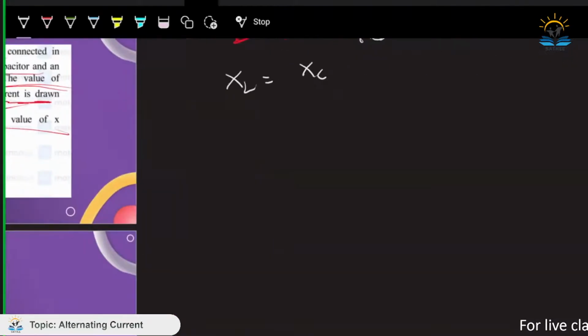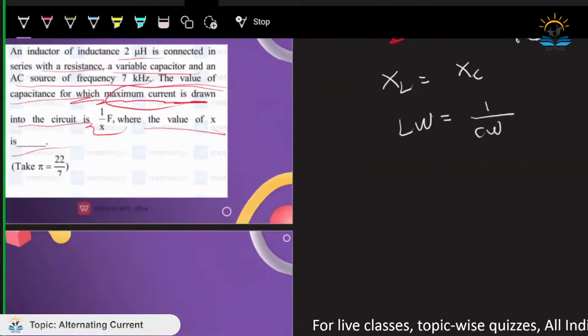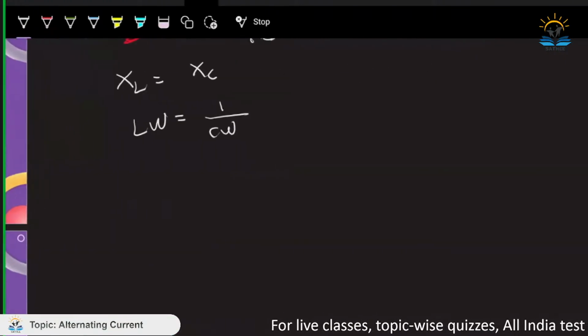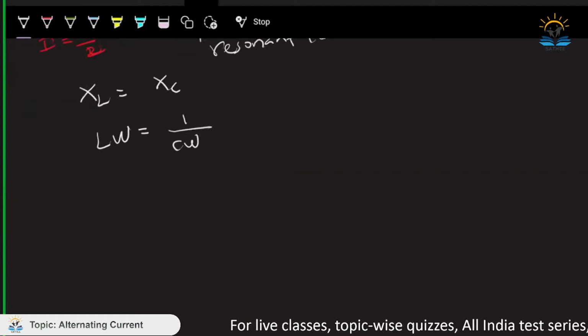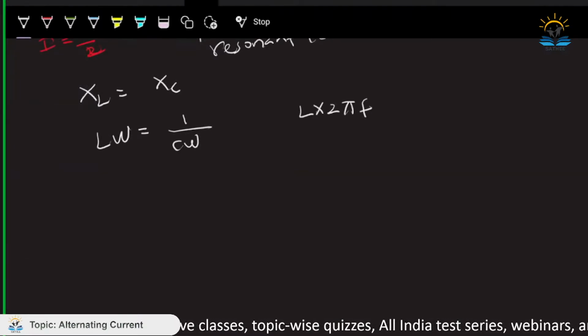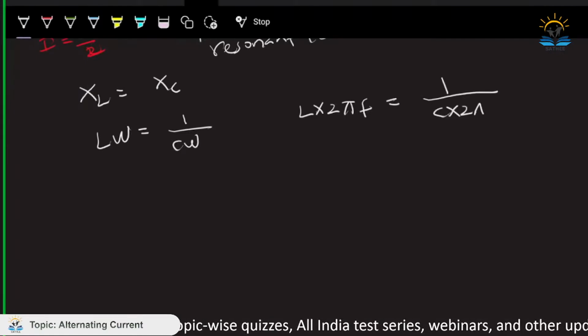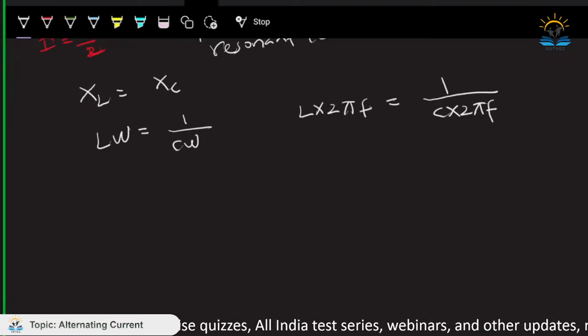So XL is L omega, which is equal to 1 by C omega. But here omega is not given, it's given in terms of frequency. So you can write omega as 2 pi f. So L into 2 pi f equals 1 by C into 2 pi f.